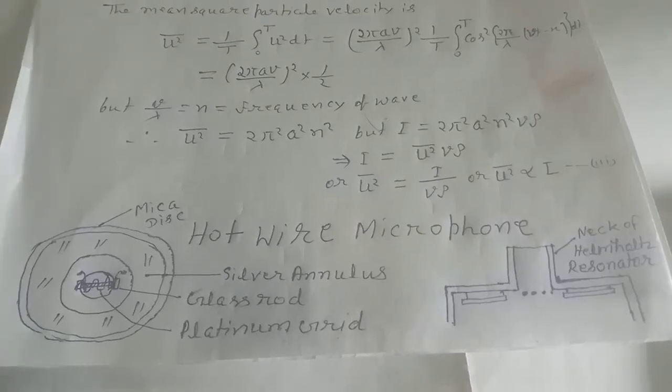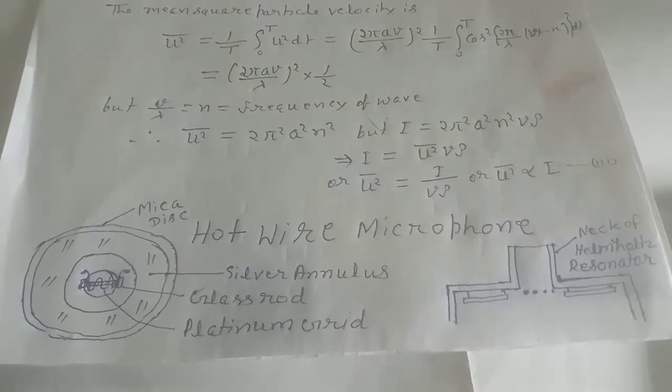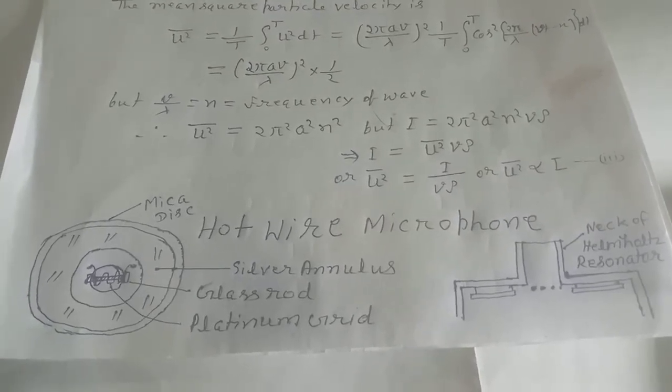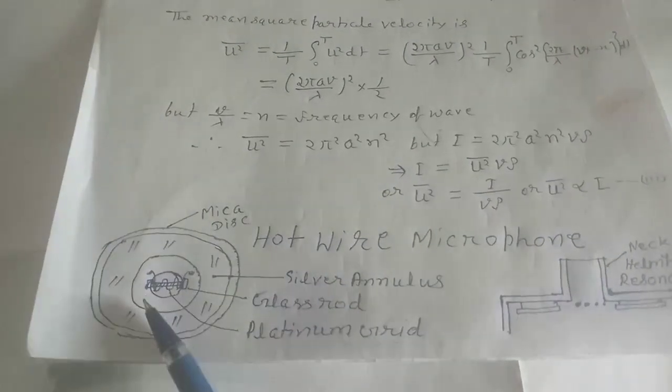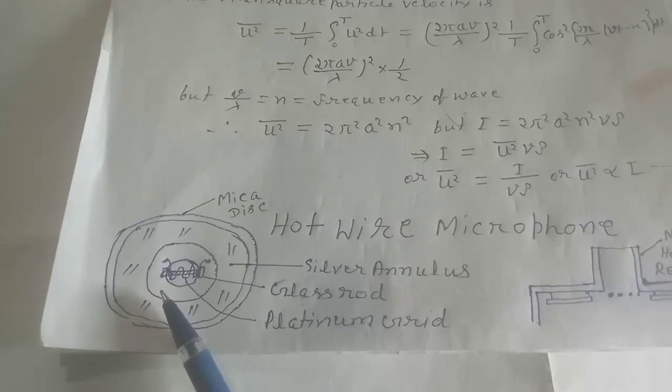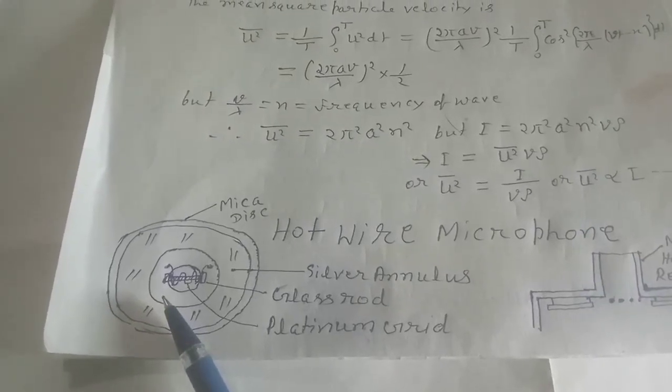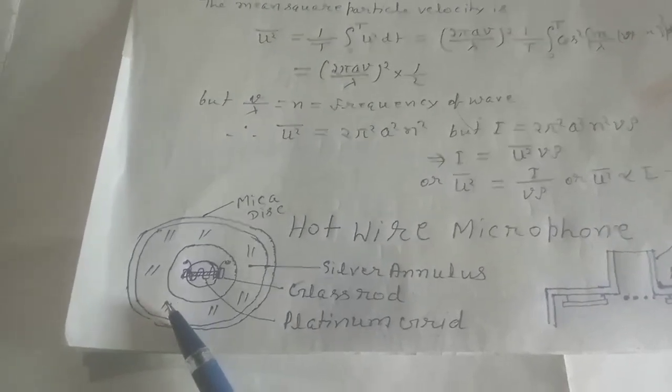A steady current is passed through the grid such that the grid is heated to just below red hot. At this stage, the bridge is balanced.